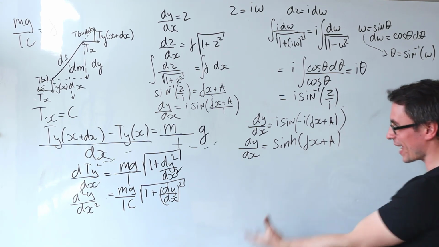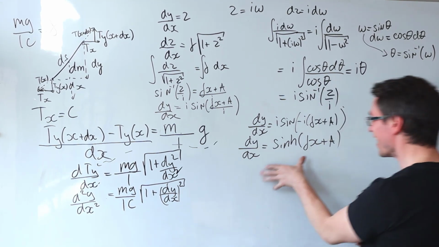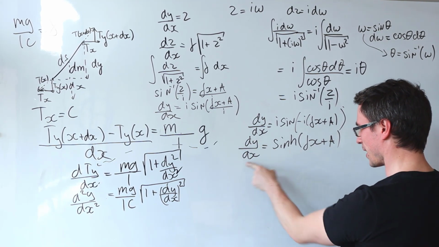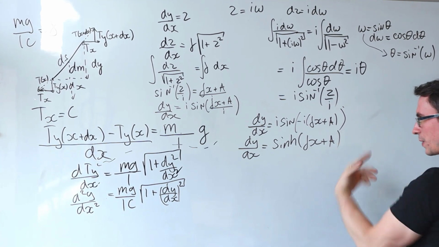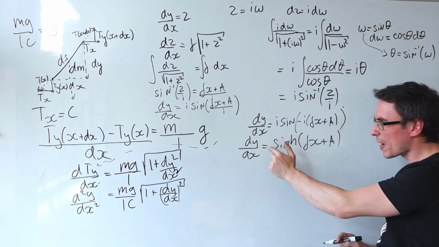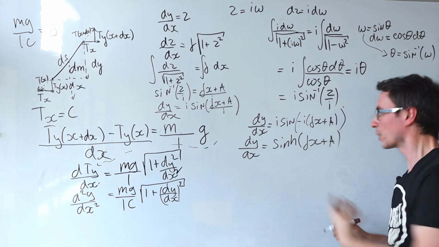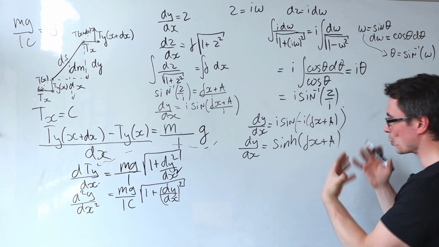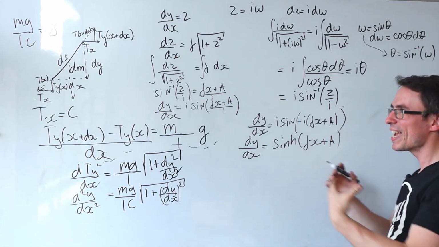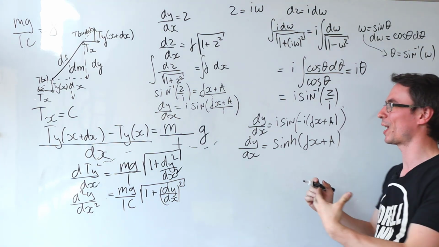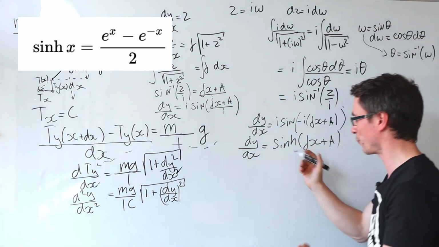Now we have a differential equation in terms of the hyperbolic sine. So dy by dx is just that. How do we find y? Well, we're going to need to integrate the hyperbolic sine function. The easiest way to integrate the hyperbolic sine is in terms of its fundamental definition in terms of exponential functions.